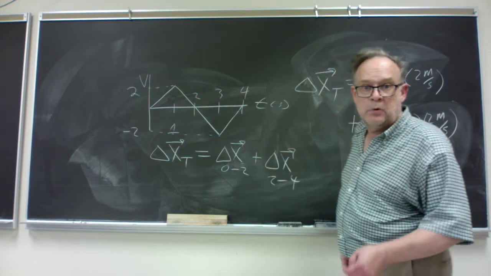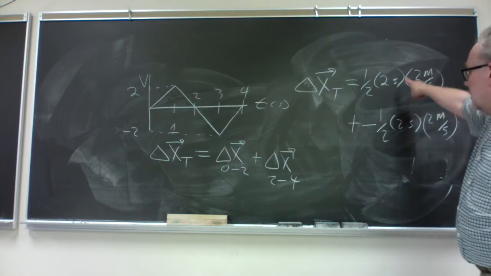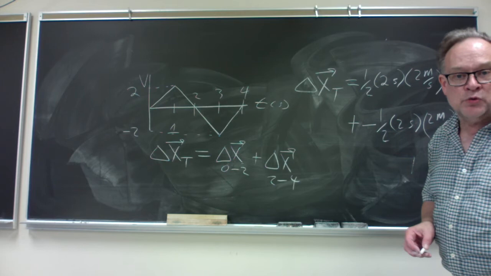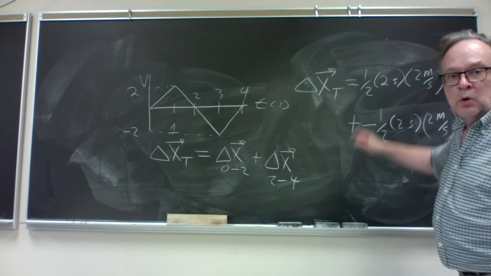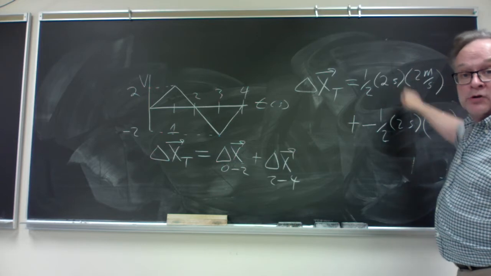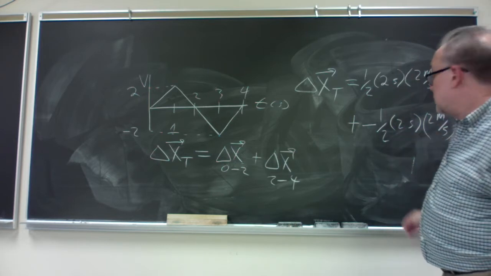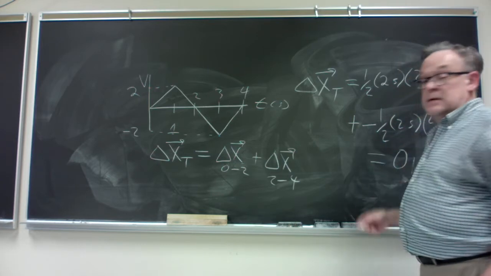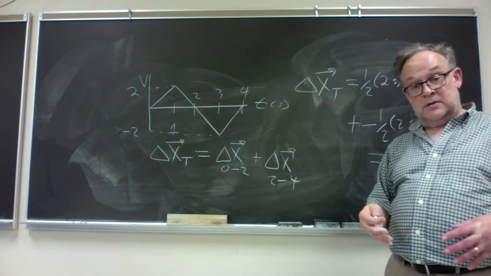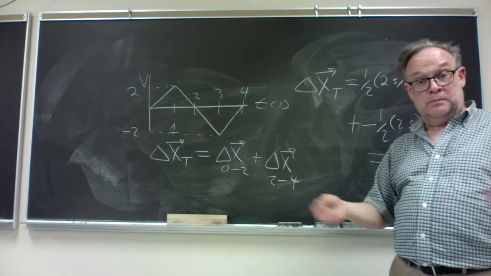Length is a positive number. But anyway, look at these. They're equal to each other. So this is 1 meter, this is -1 meter, so they cancel each other out. The net displacement over those whole 4 seconds is 0.